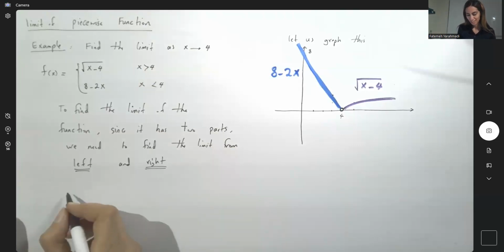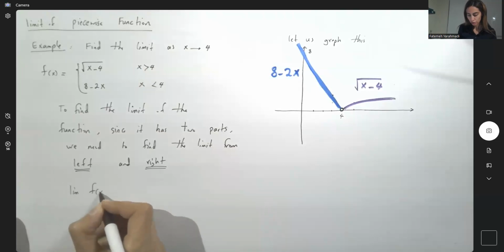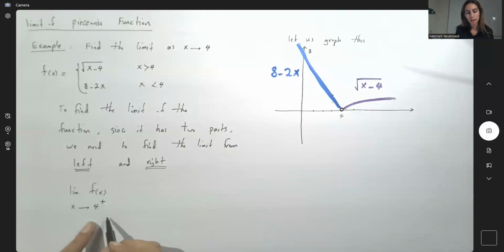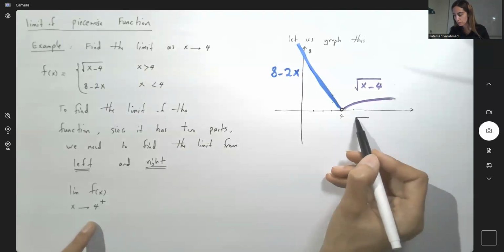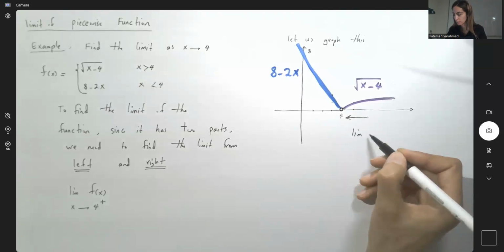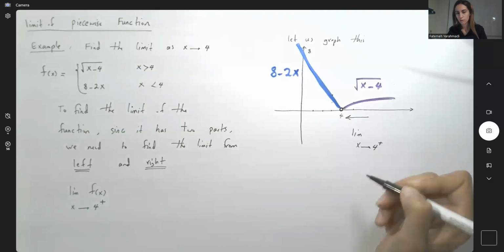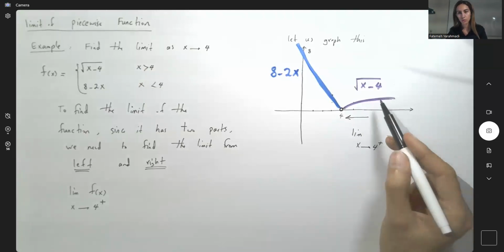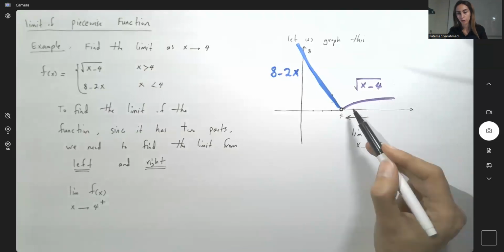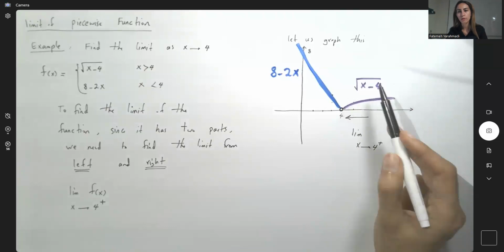Okay. What is the limit of the function as x is getting closer and closer to 4 from the right hand side? It means that I have numbers larger than 4 and they are getting closer and closer to 4 from the right. That's how you find the limit as x approaches 4 from the right hand side. It means that you are on the square root function.